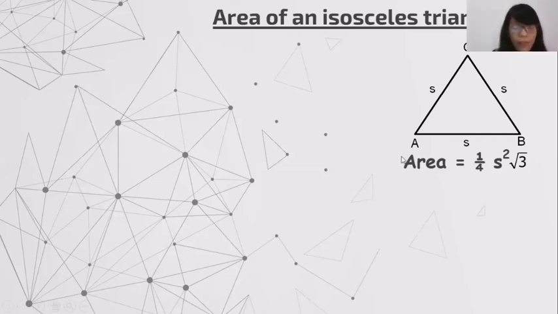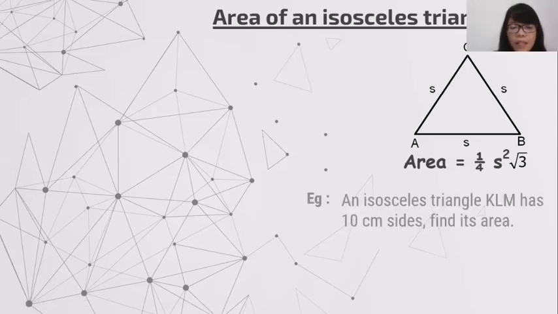We'd better use area equals half times base times height. Okay, I repeat once again. You only use this formula if you have no idea about base and height. So area of an isosceles triangle is 1/4 times s squared times root of 3.